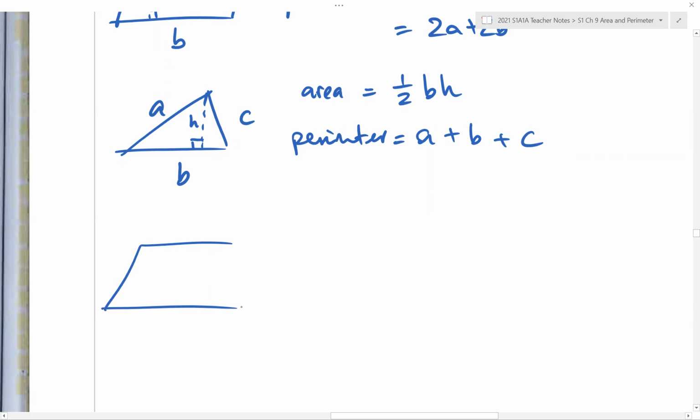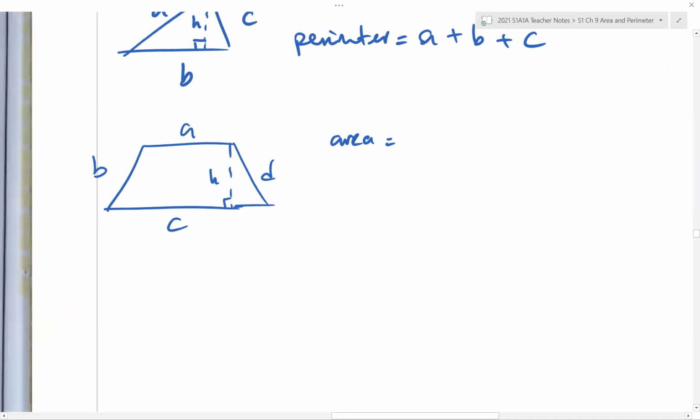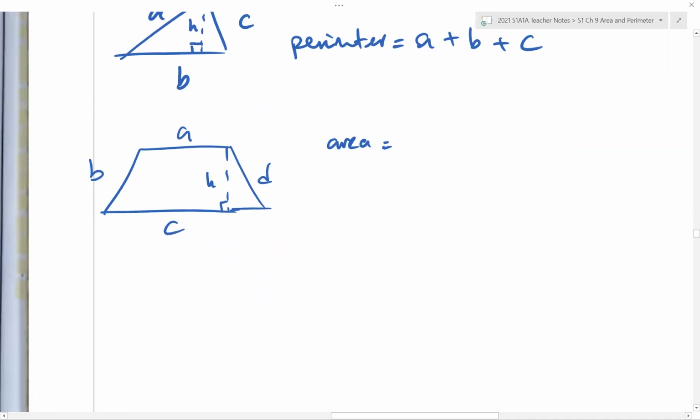Okay, so Emma, Marilyn, wake up. So Emma, now we have a trapezium. A, B, C, D. And I give you a perpendicular height. Let's find H again. So area. What is the formula in this case?